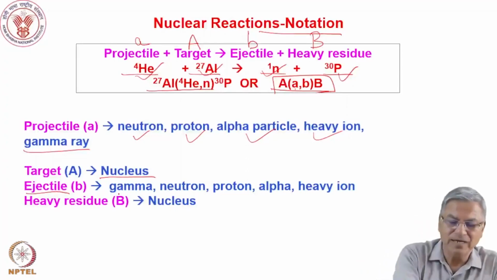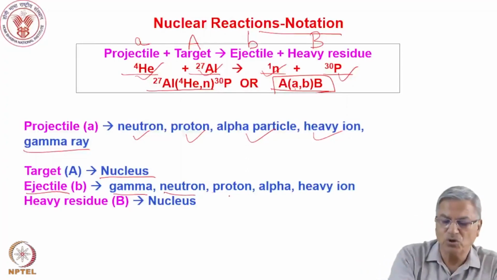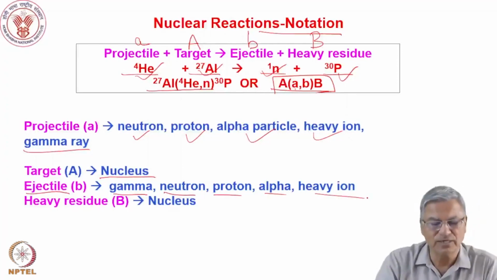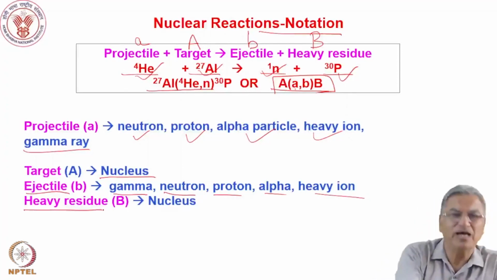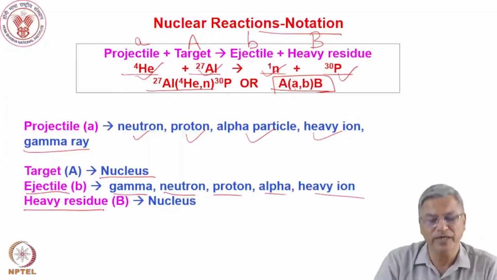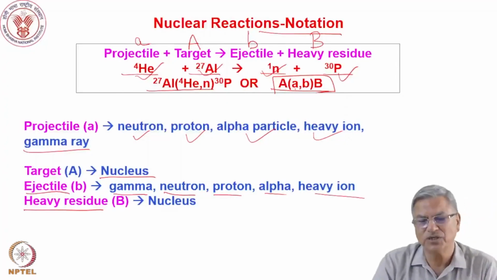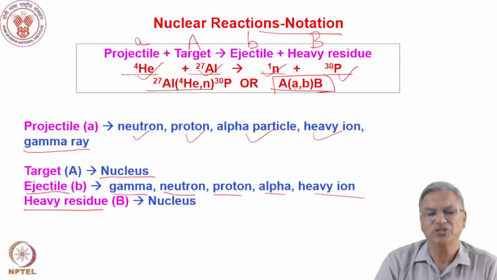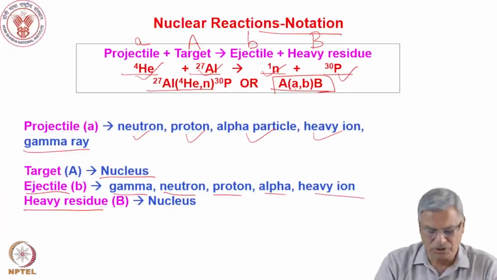It could be a gamma ray, neutron, proton, alpha, or heavy ion. They can be emitted in the nuclear reaction, and you will be left with a heavy residue that mostly will be a nucleus. So when you are setting up an equation, if you have to fill in the blanks, you can use these notations and certain conservation laws that I will be discussing shortly.